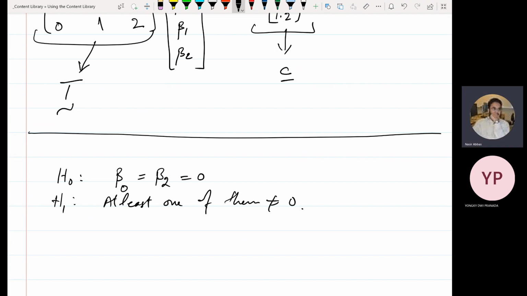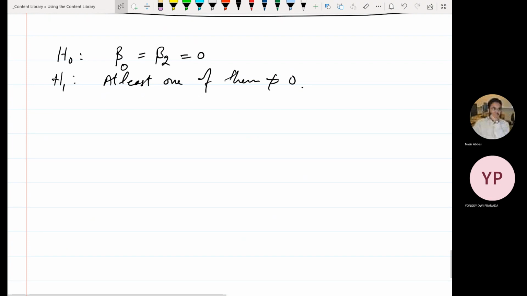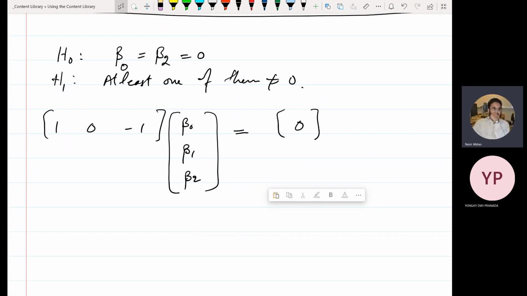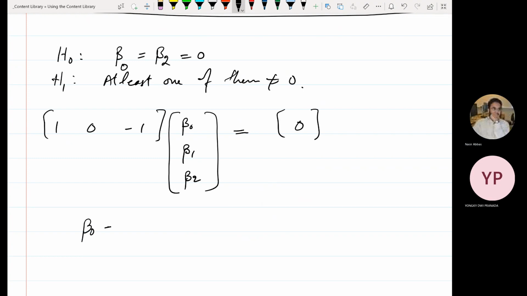How do I write the T matrix for this one? 1, 0, minus 1 equals 0. Now multiply this one. What does this give you? This will give you beta naught minus beta 2 equals 0.